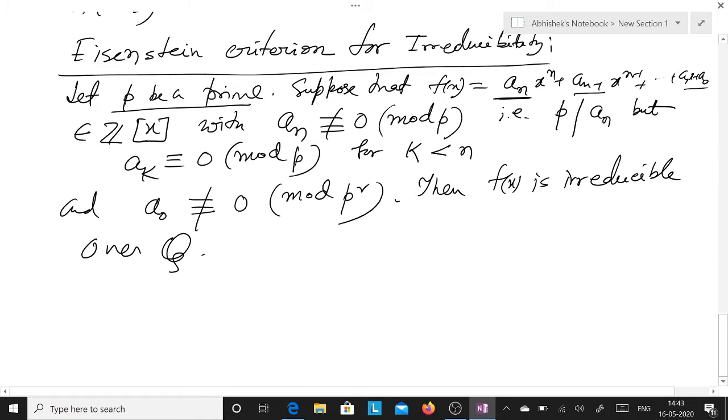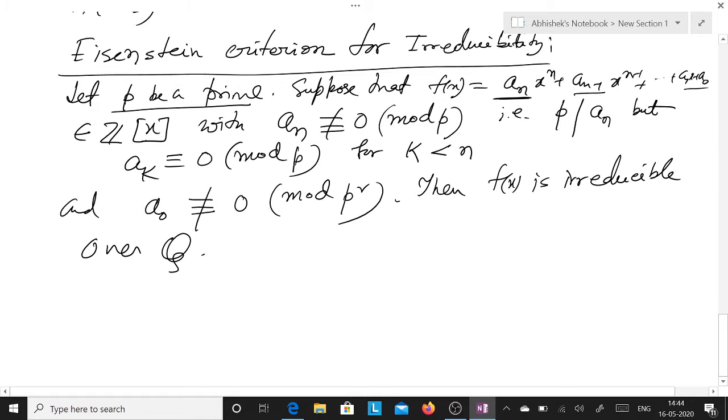So in this test, if we consider this test for irreducibility of polynomial with integral coefficients, our first goal is to choose a prime p keeping in mind the coefficients of the polynomial, because we need to check three conditions.